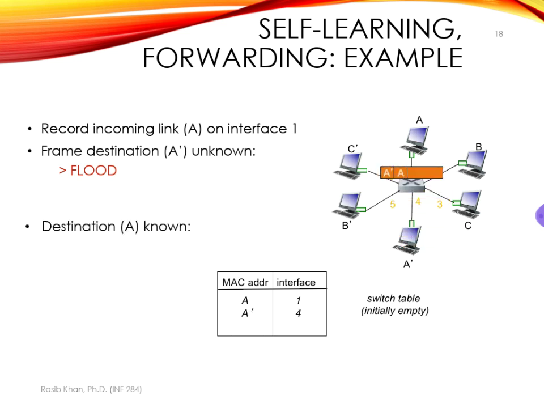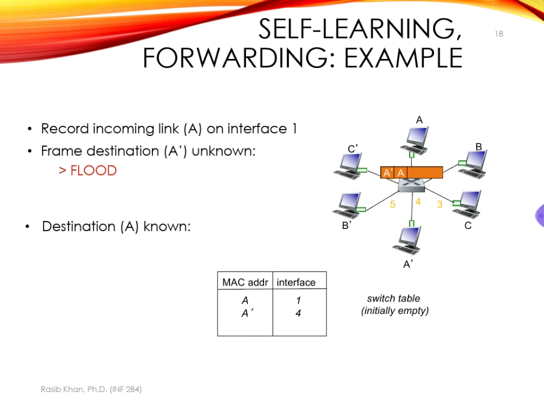At a later time, let's say A prime is trying to send out a frame to destination A. Now, the switch first records the incoming link, which is the MAC address of A prime, connected on interface 4.